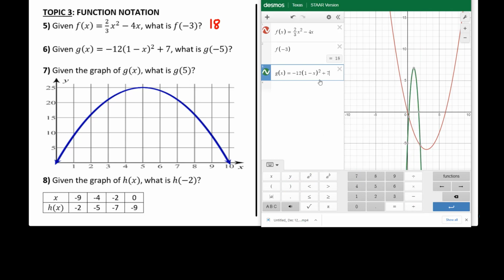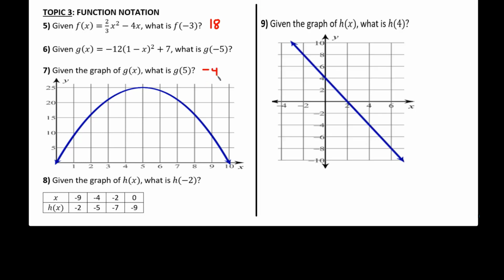Double check that you copy it correctly. And now we're going to do g of parentheses -5, close parentheses, and we get -425. There we go. Whoops, I wrote in the wrong place. -425. Let me erase this here.